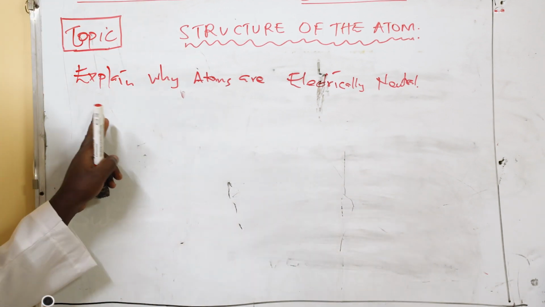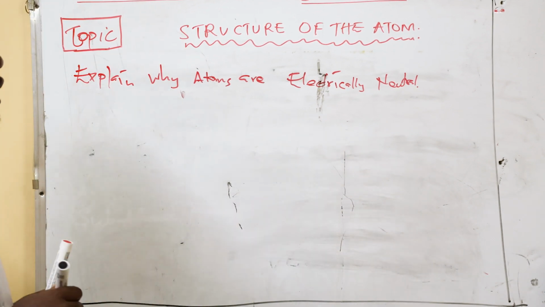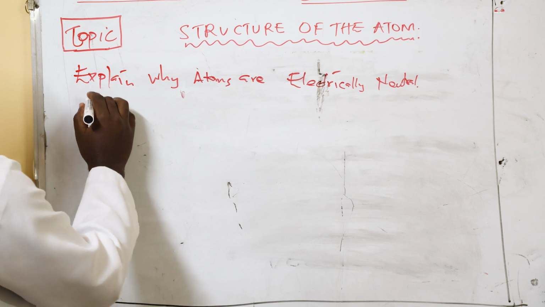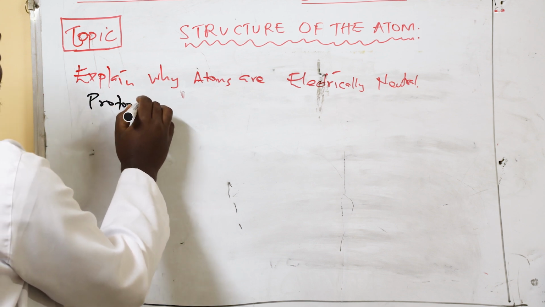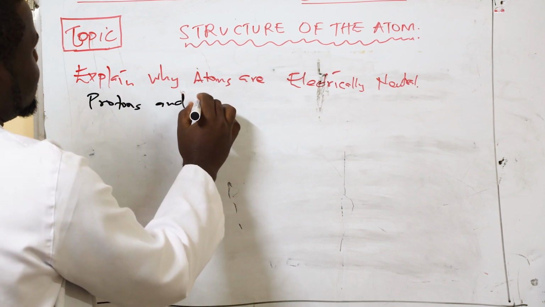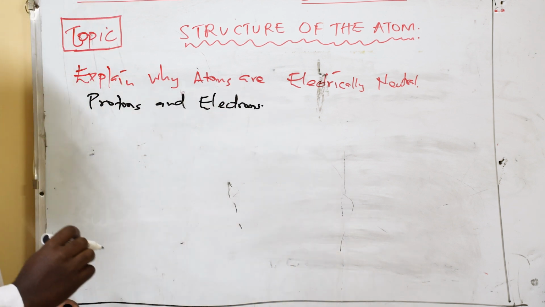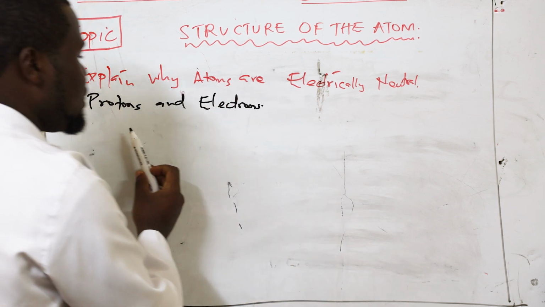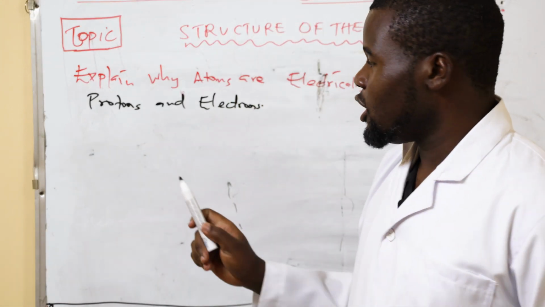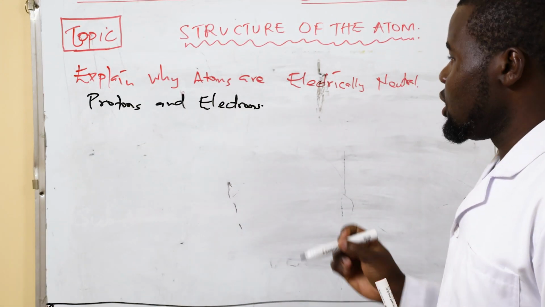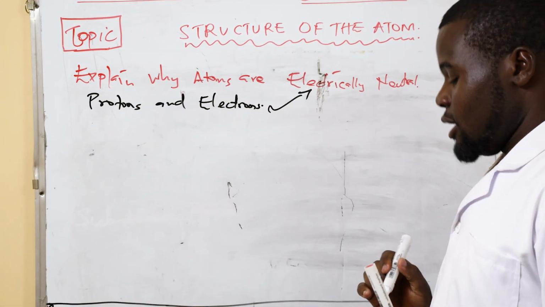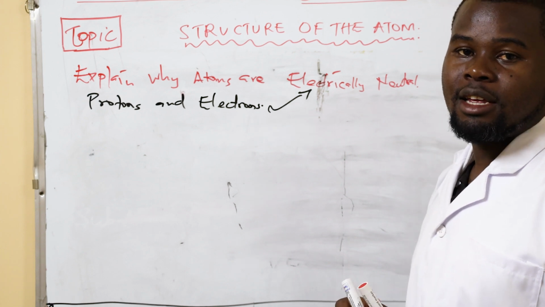When talking about atoms being electrically neutral, we are simply talking about protons and electrons. When the number of protons is equal to the number of electrons, we say that atom is electrically neutral.